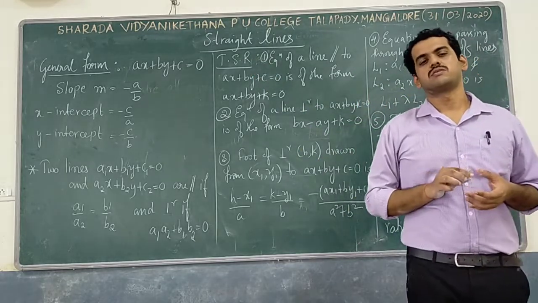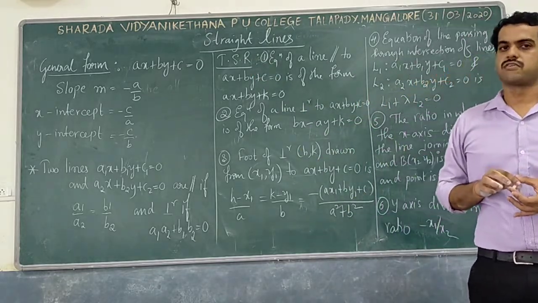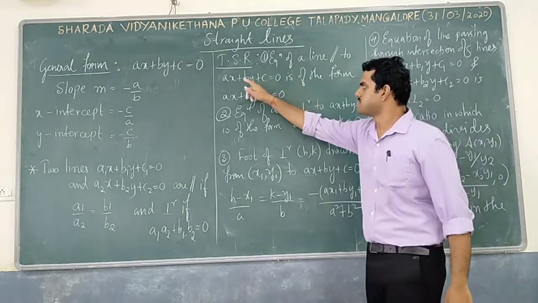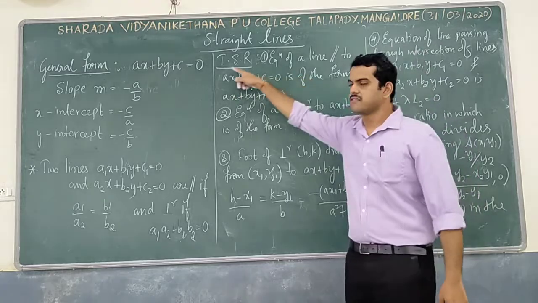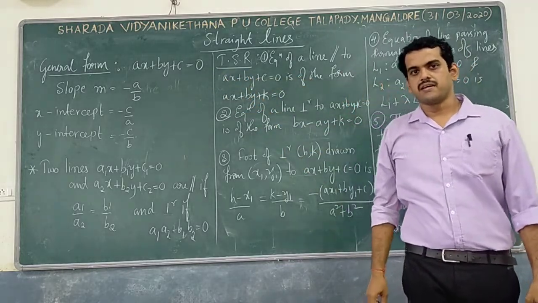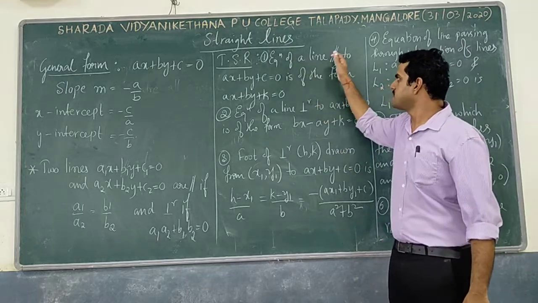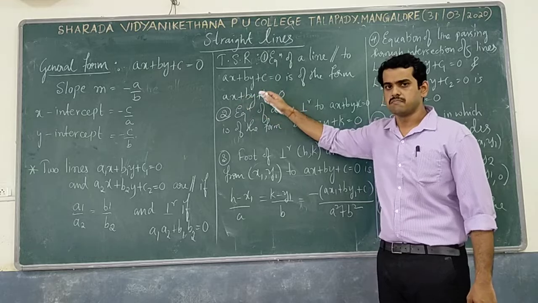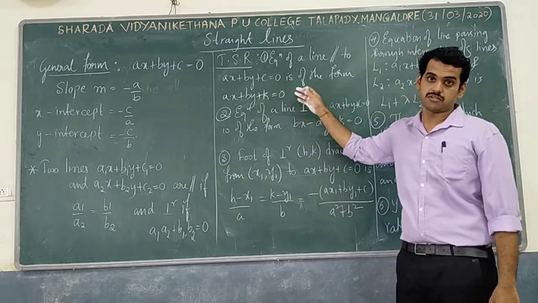Directly we can substitute in the formula, and you are going to get the result. The first one is, suppose you take the general form of equation of a line, that is ax + by + c = 0. If you take the equation of any line that is parallel to it, it is in the form ax + by + k = 0.